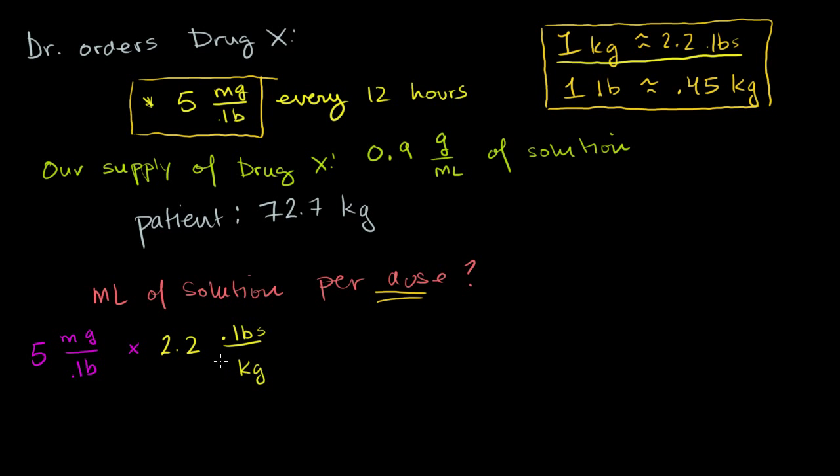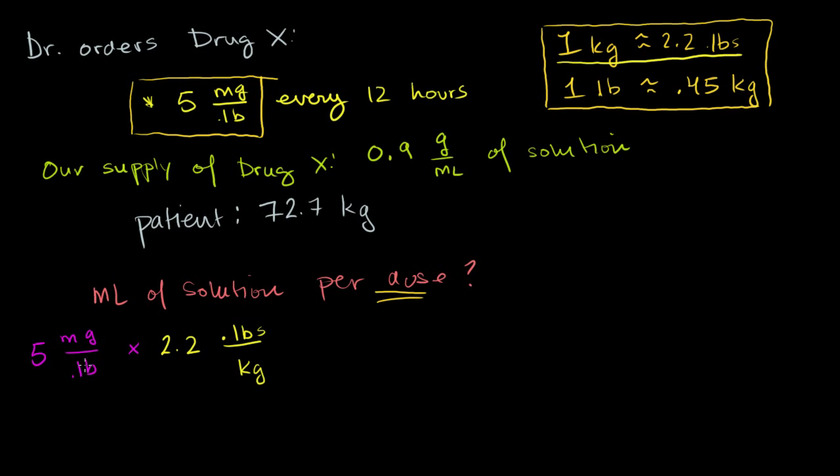And if you ever get confused, gee, how did Sal know to multiply by 2.2 instead of dividing by 2.2, you can pay very close attention to the units. And notice I wrote 2.2 pounds per 1 kilogram. And you'll know this will work out because you have a pound in the numerator and you have a pound in the denominator. That's called dimensional analysis.